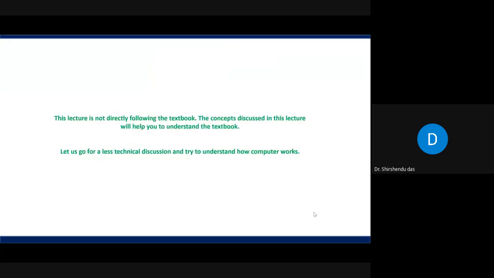But today's lecture does not directly depend on your textbook, because whatever I explain today is not exactly from the textbook. So it is not necessary that you read the exact same topic from the book. You may not find it also. What I am doing today is explaining how a computer works and what the internal mechanisms of a computer are, in a less technical manner.